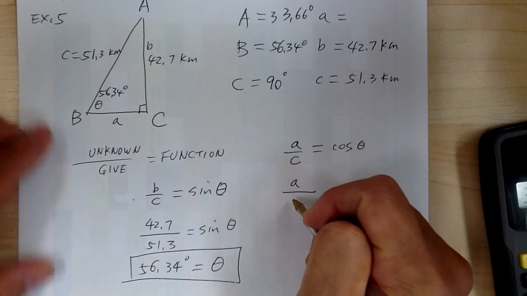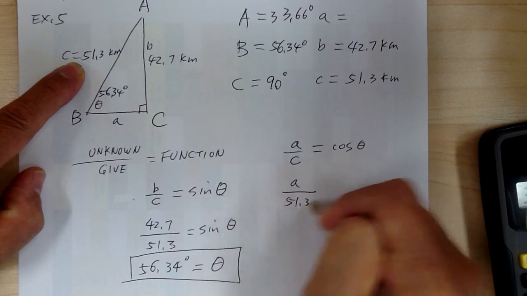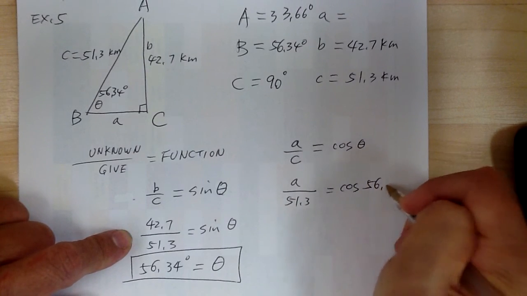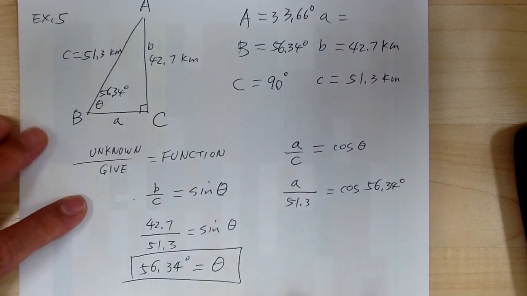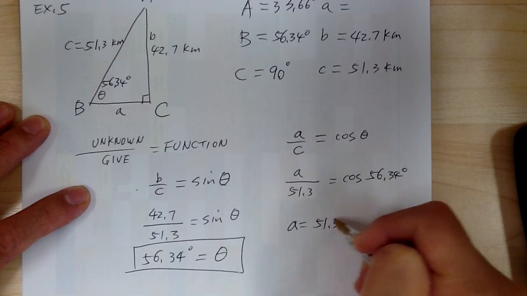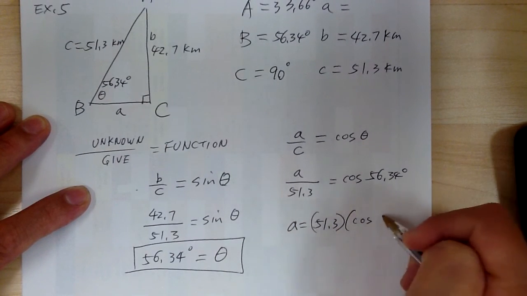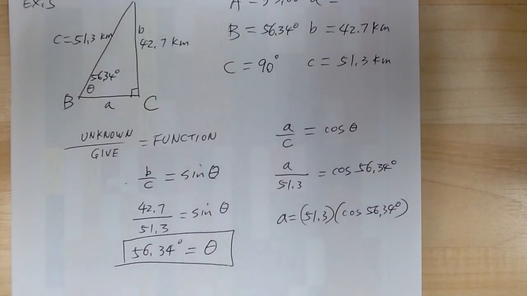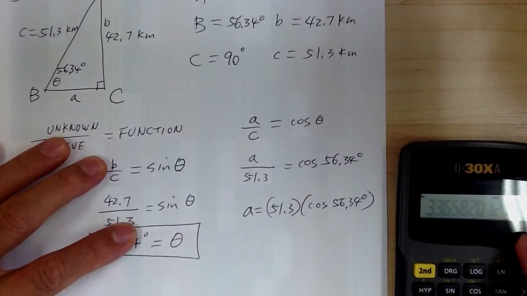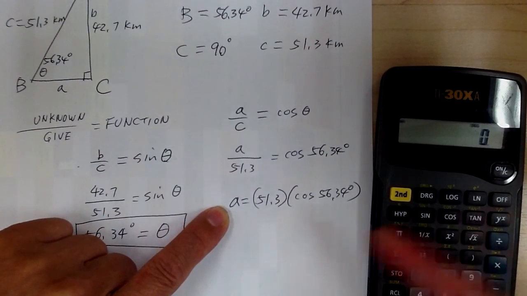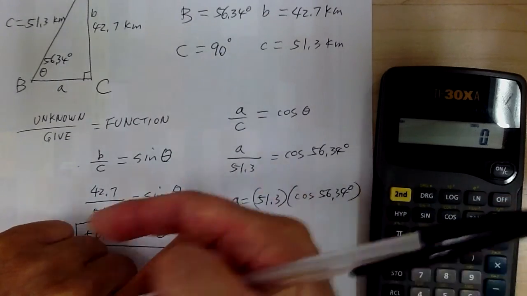So a over 51.3 equal to cosine of 56.34 degrees. Cross multiply. Then get your calculator and punch in the numbers. For this calculator, I like to work backward.